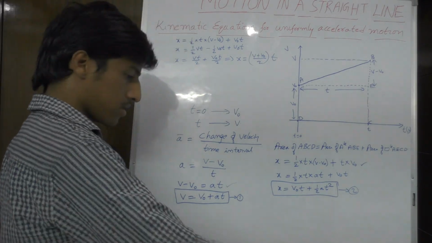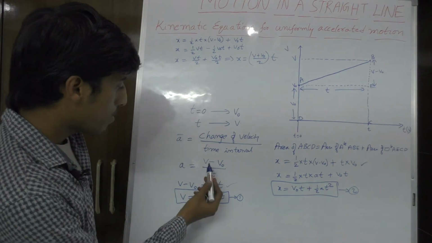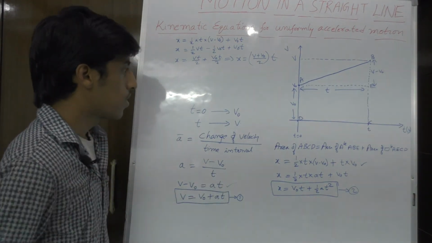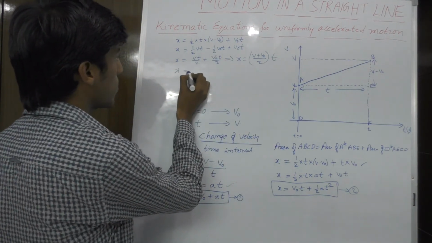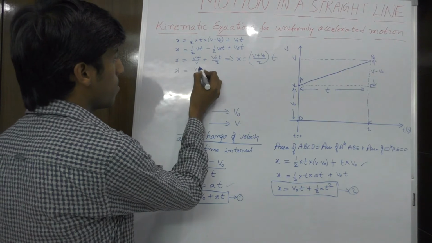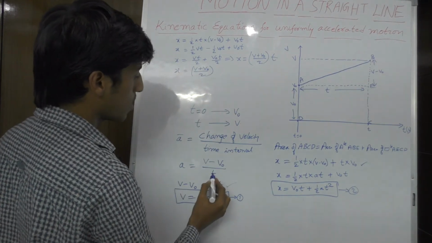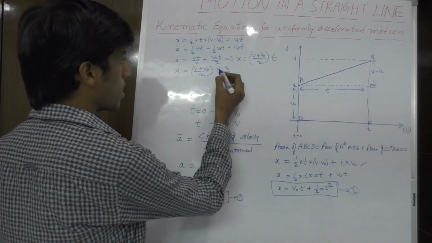Now my dear friends, in place of t I can write (v minus v naught) by a. t is equal to (v minus v naught) by a. Let us substitute here. x equals (v plus v naught) by 2 into, in place of t, (v minus v naught) by a.